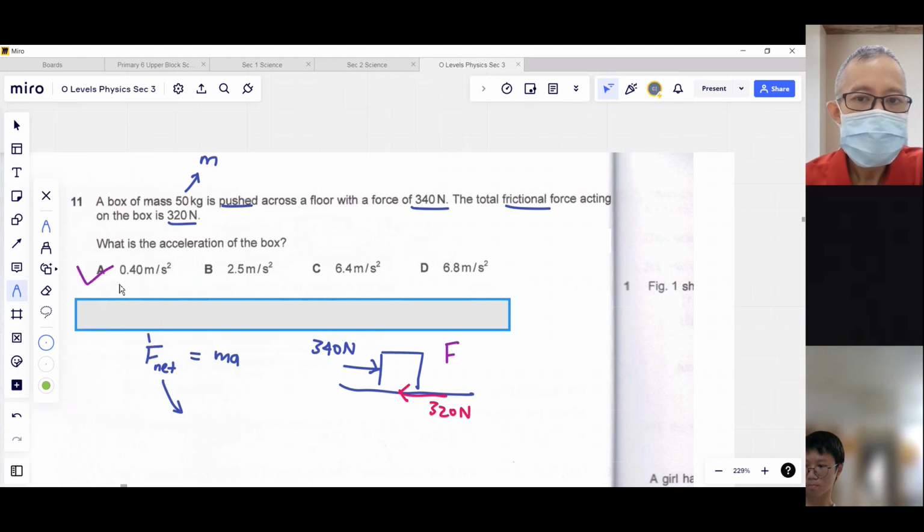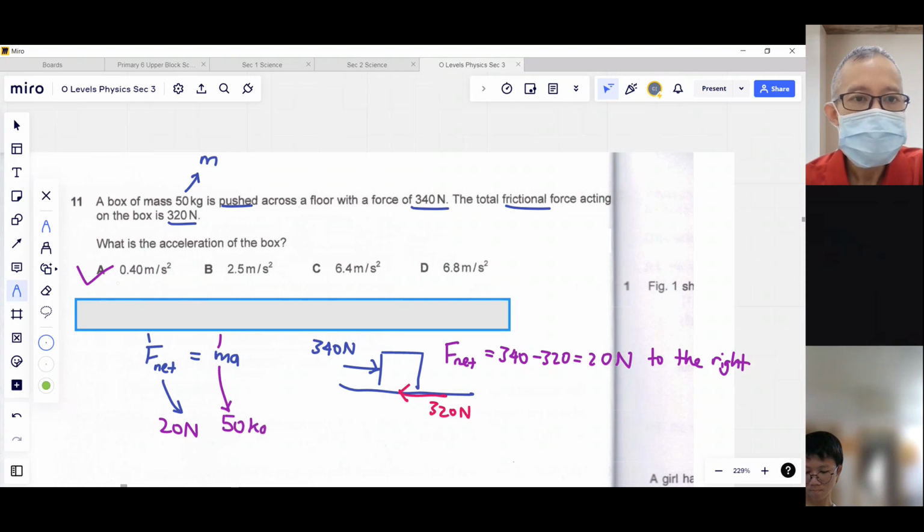So net force is 340 minus 320. 20. Yes, 20. And of course, in this case, it's to the right, based on my diagram. Okay, so in this case, substitute 50 for mass. And you should be able to find what is your acceleration, no? You should.